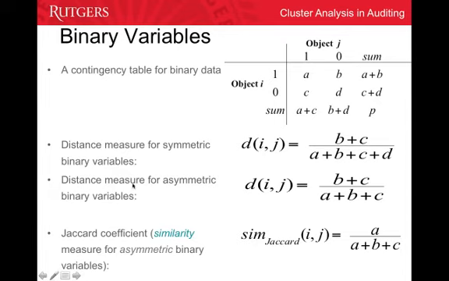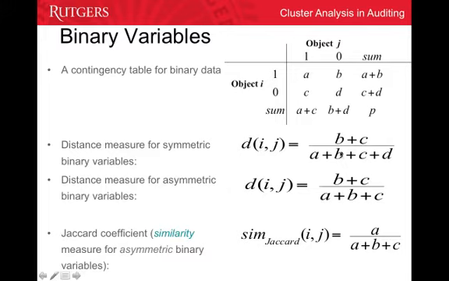Okay. While if this binary variable is an asymmetric binary variable, which means that the value 1 is more important than the value 0, in this case, we may not care how many variables are both equal to 0. So we use a different distance or dissimilarity measure for these asymmetric binary variables. And usually many binary variables are asymmetric.